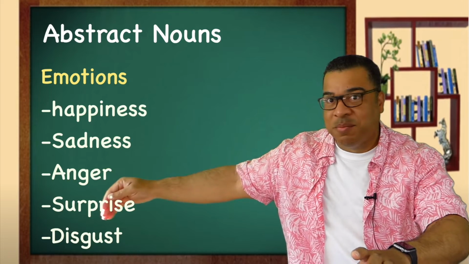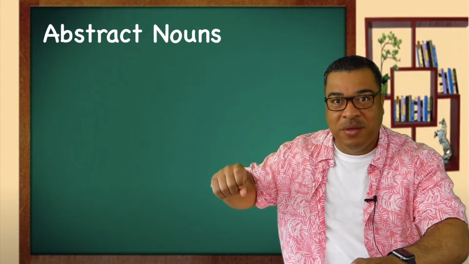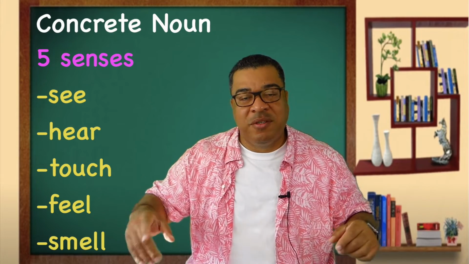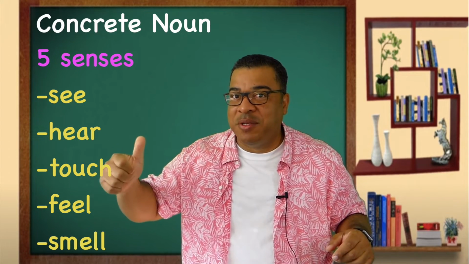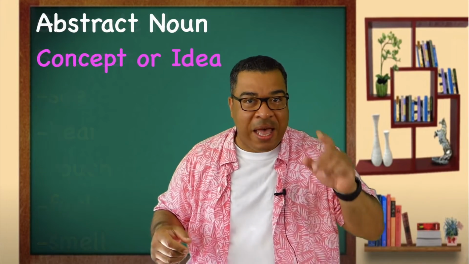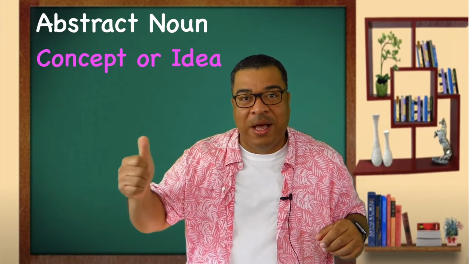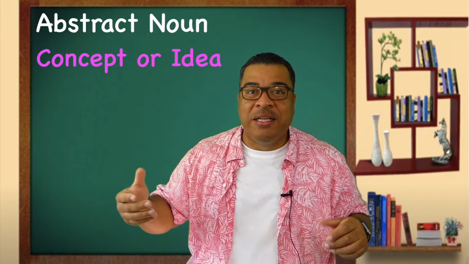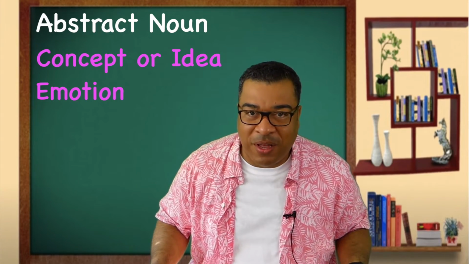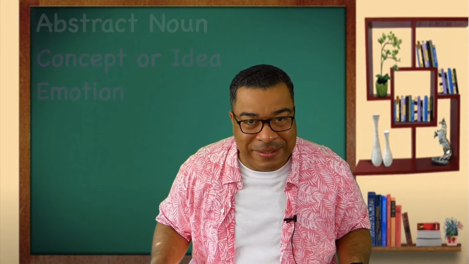And then the next person who looks at the same thing might have a different opinion. So the difference between the two: concrete nouns are something you can see, hear, touch, feel, or smell. Abstract nouns are more of a concept, an idea, more of an emotion. So not something that you can use your five senses to experience.